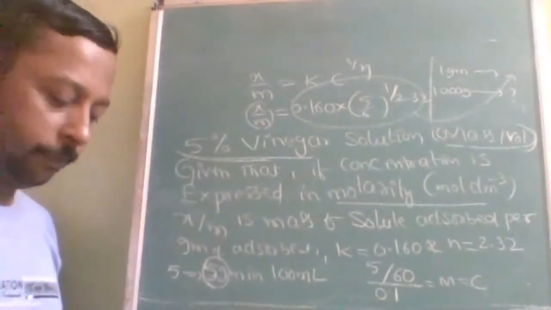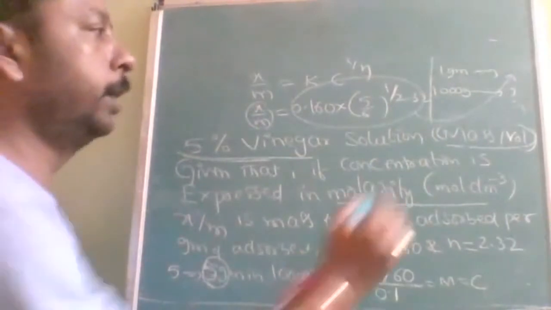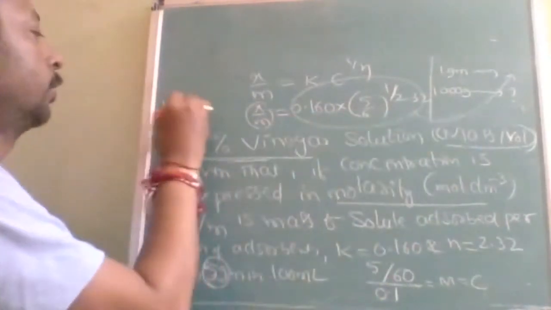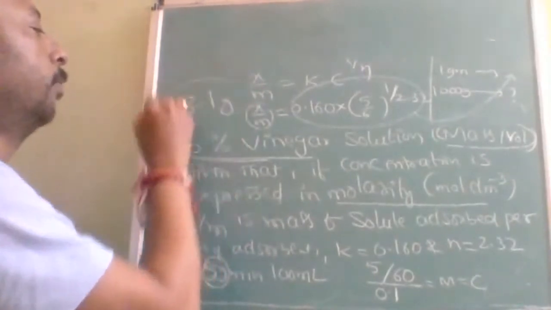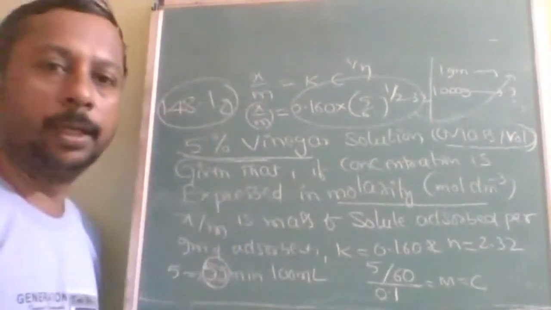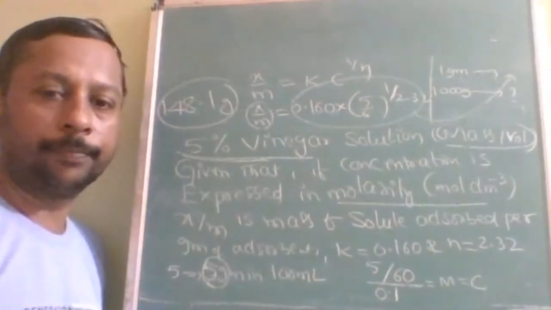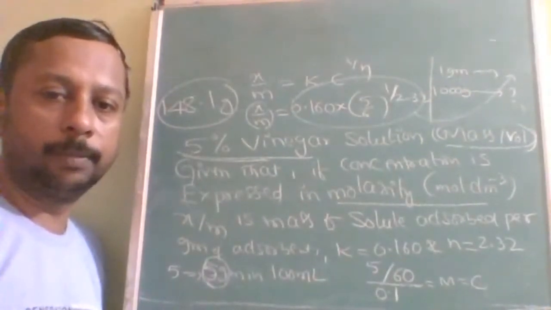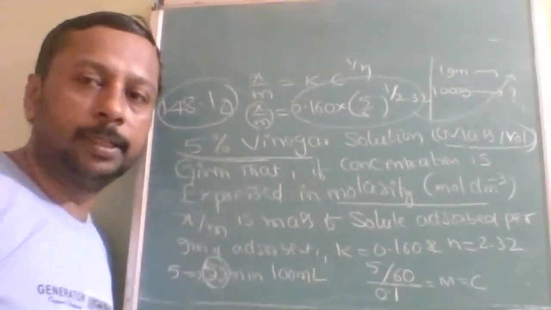So like that, if you substitute and simplify, then you should get 148.1. Answer to this question is 148.1 gram. Note down this procedure, simplification. You have to apply anti-log for better and easy answer.